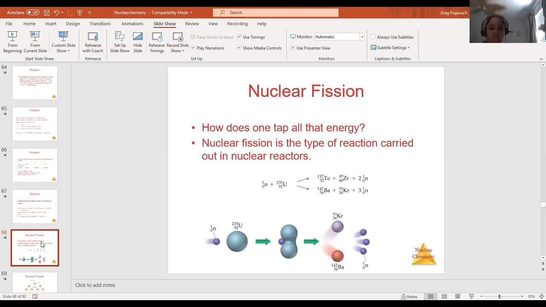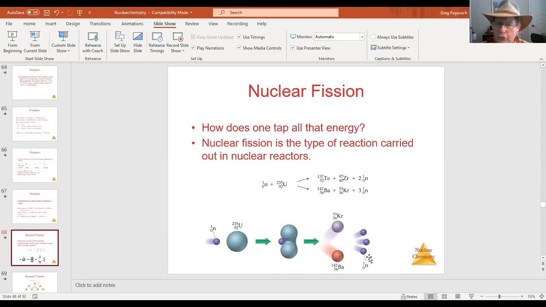We have to realize that our first reaction, when we throw that neutron at the uranium, it causes that uranium to break up into krypton and barium. But look what else happens. We get 3 more neutrons.